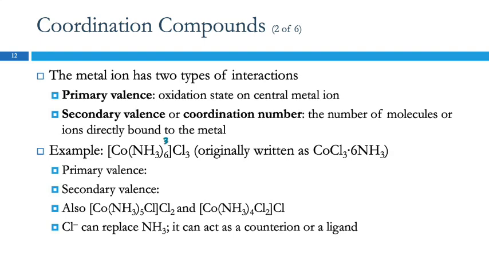So this is 3+ without those guys. And then we look at the ligands. The ligands are neutral molecules, they're not ions. And so the charge on the cobalt must be the same as the overall charge, right? So the primary valence here is +3, an oxidation state of +3.